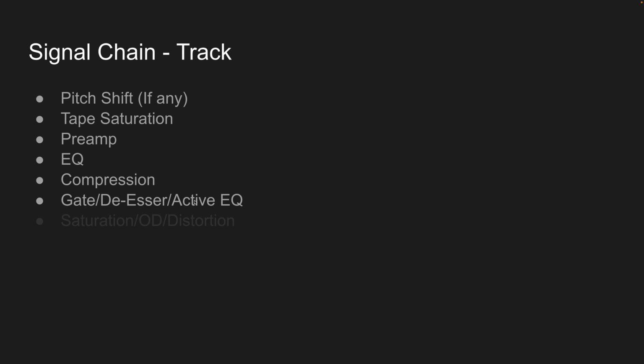If we haven't talked about active EQ before, it is basically an EQ that is only activated when a source reaches a certain level in whichever frequency range the EQ is set up for.